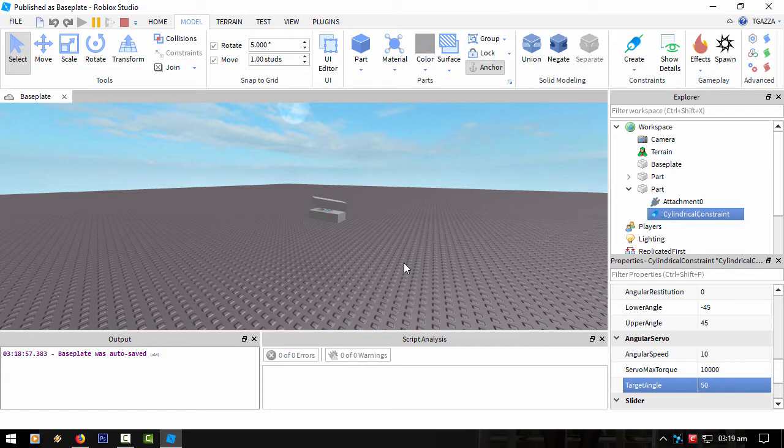Basically what every humanoid uses. So if I understand that correctly, you can animate shoulders and things with that. And you can keep the angle kind of like a ball constraint, but with motors.